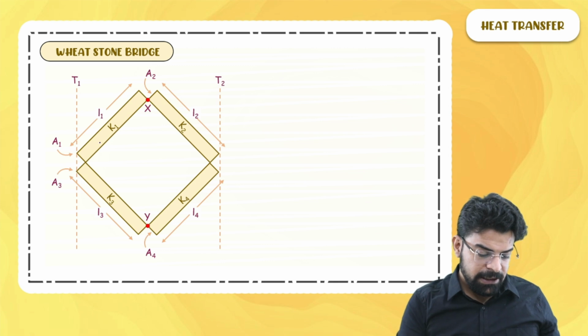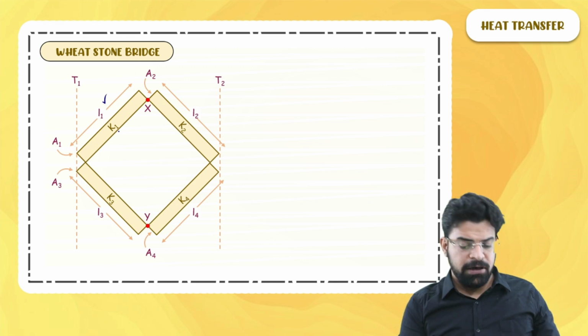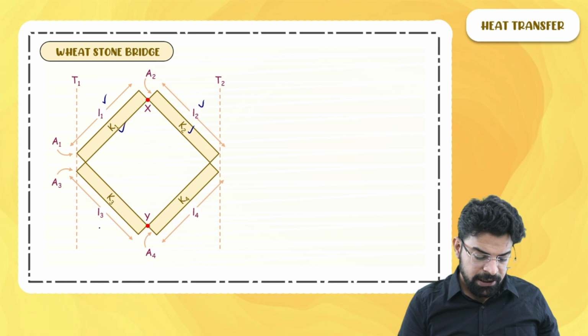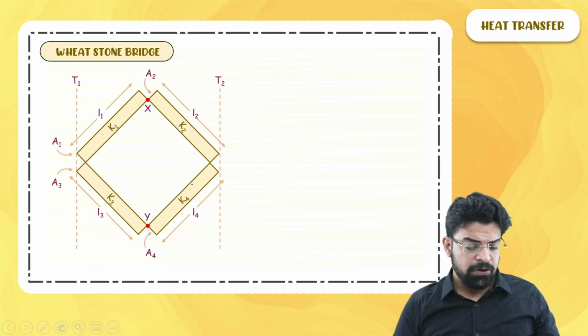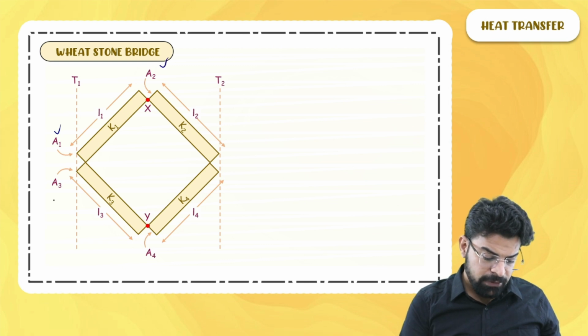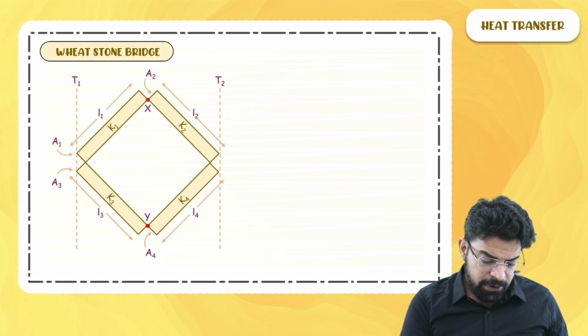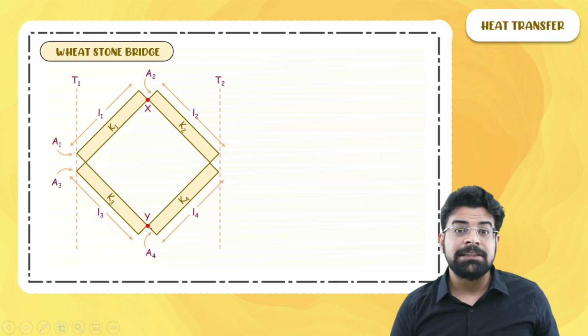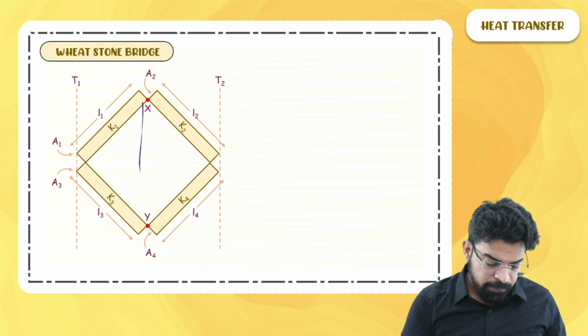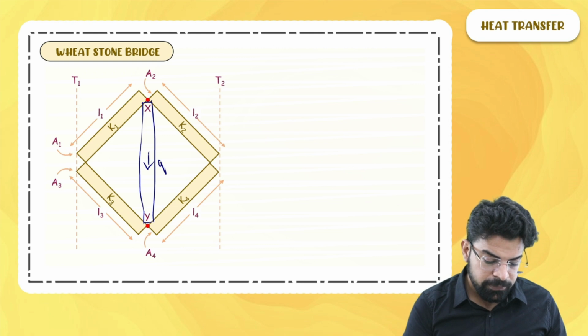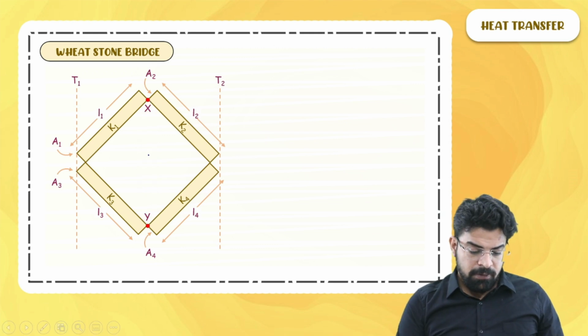Let's say here we have four rods of length L1, conductivity K1, length L2, conductivity K2, length L3, conductivity K3, length L4, conductivity K4, and their cross-section areas are A1, A2, A3 and A4. If you want these two points X and Y to be at the same temperature, so that if you place another rod between them, no heat flows through this rod, then what is the condition?